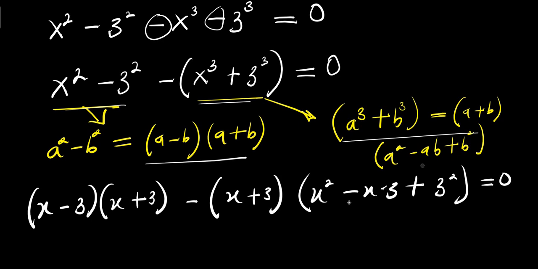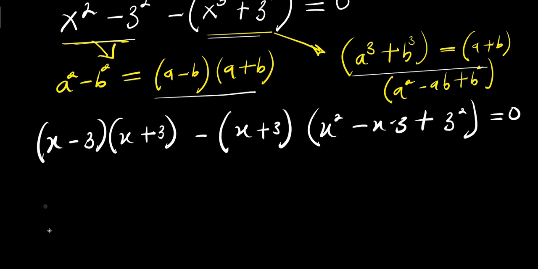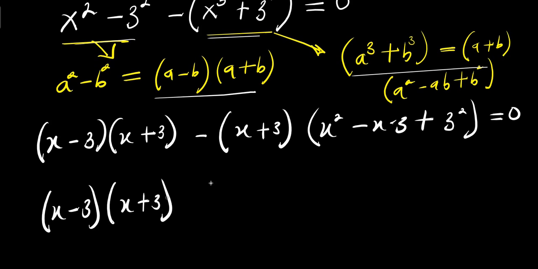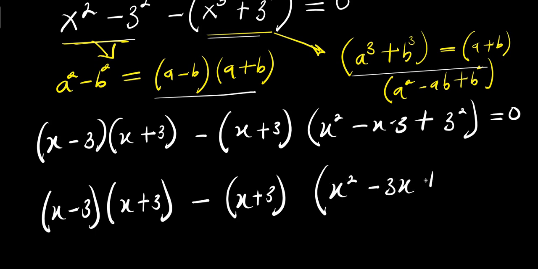So right now, I'll have my x minus 3 times x plus 3 minus x plus 3 times x squared minus 3x plus 9 equals 0.